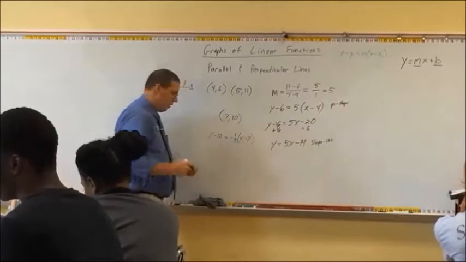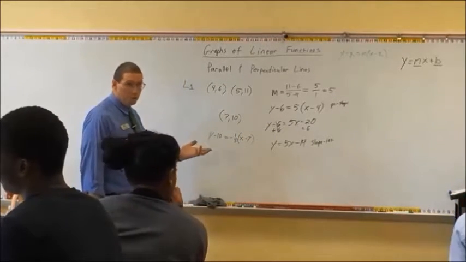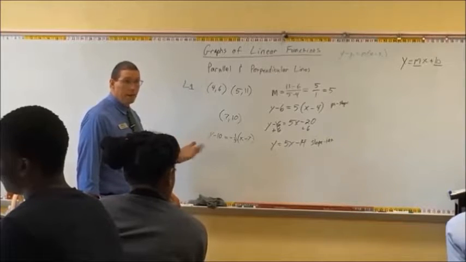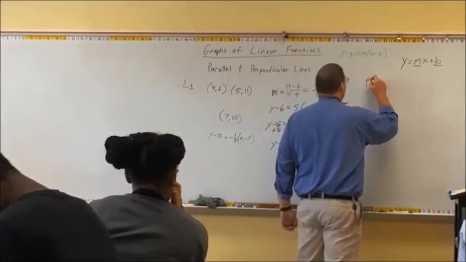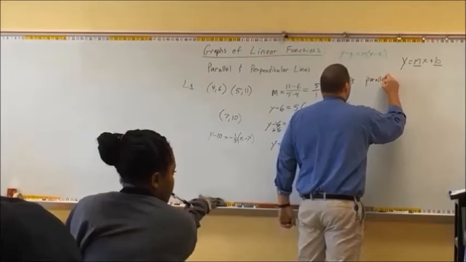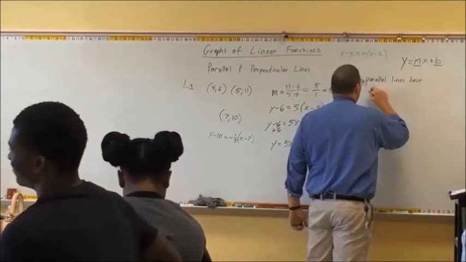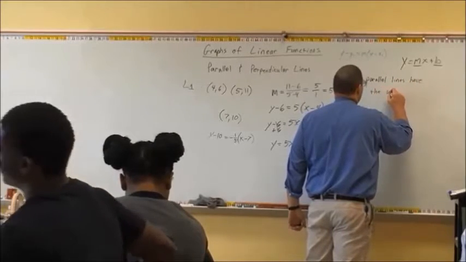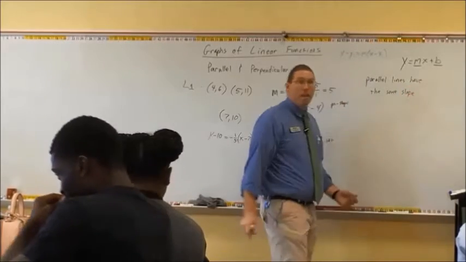That's it, okay? So, Jenny, basically what we learned is that if you want to know whether two lines are parallel or perpendicular: parallel lines have the same slope, the same m.